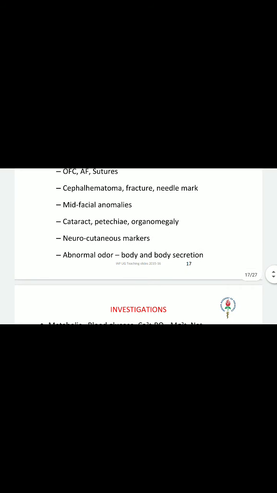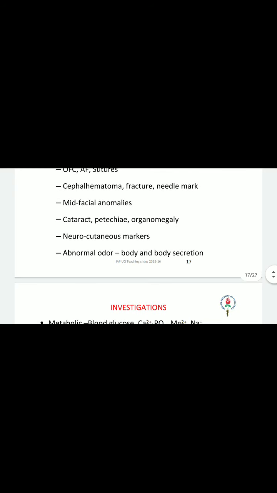Midfacial anomalies suggest pituitary gland abnormalities. Cataract, galactosemia, and in galactosemia you can see petechiae in hematological problems and in infections.